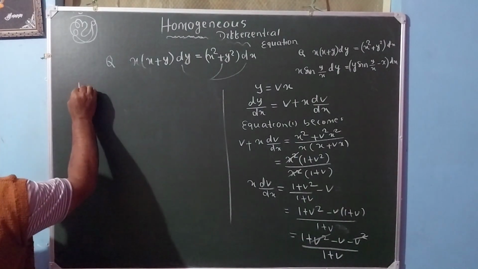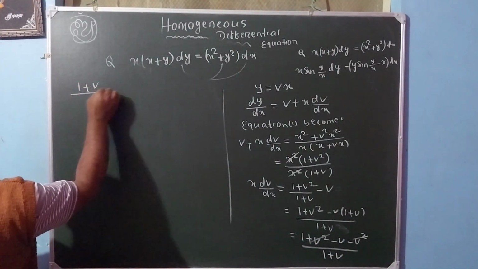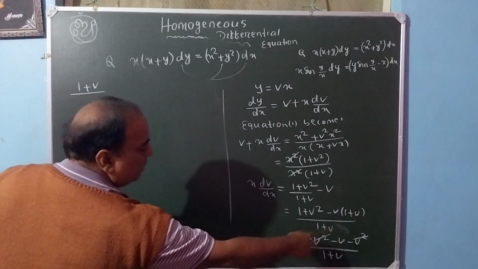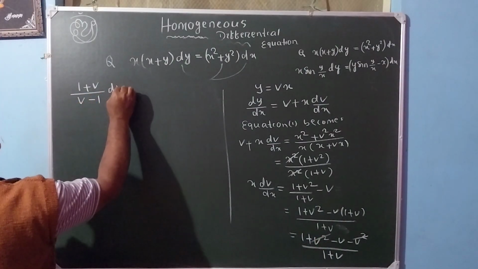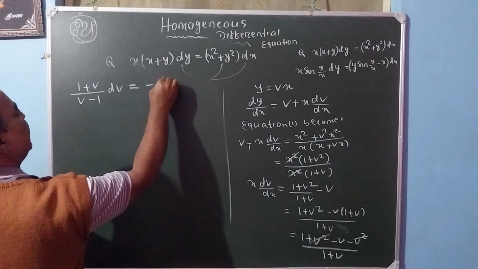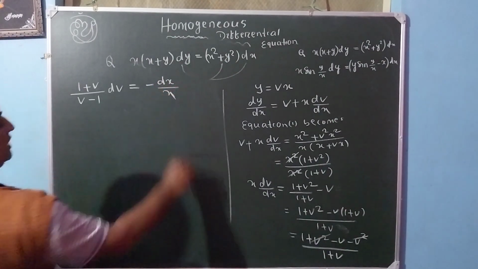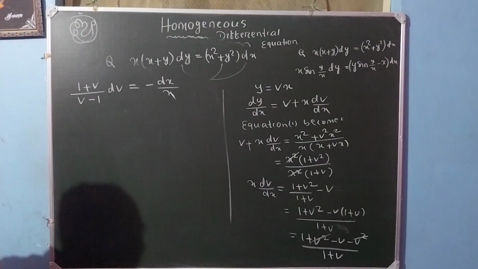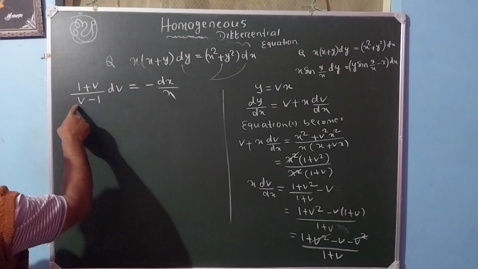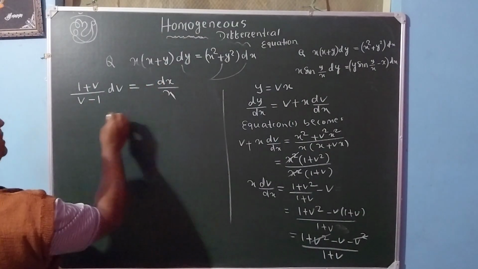Multiplying here, (1 plus v) divided by, taking minus common, (minus v minus 1) dv is equal to minus dx by x. Taking minus common, it is (v plus 1) by (v minus 1) dv is equal to minus dx by x.